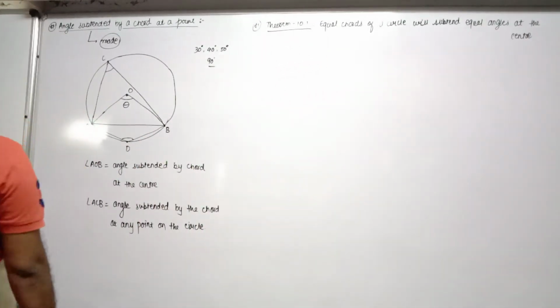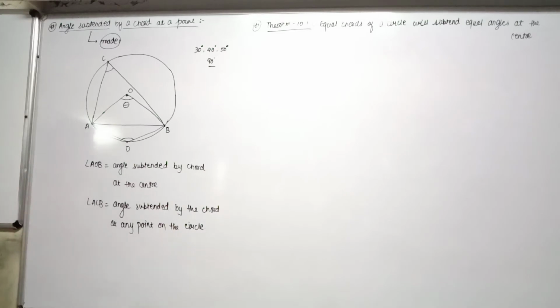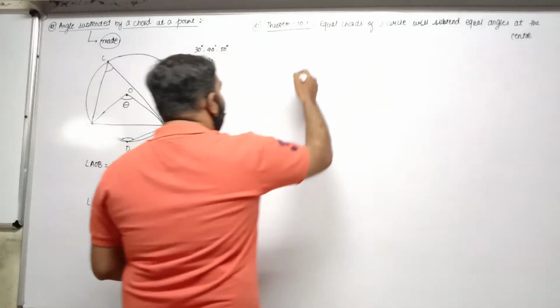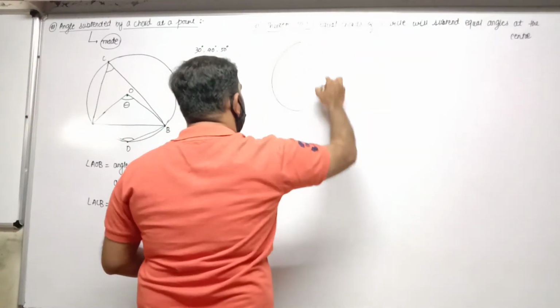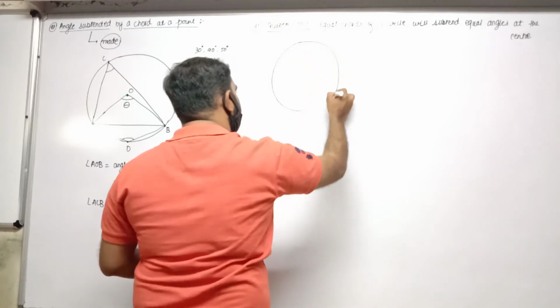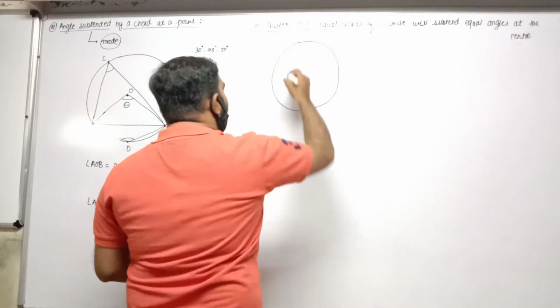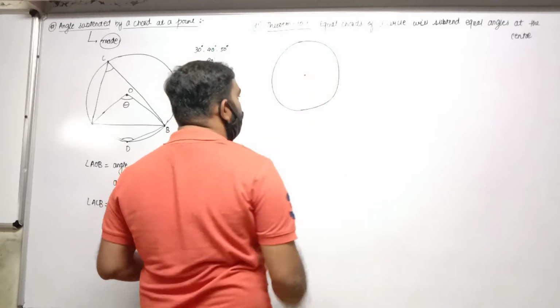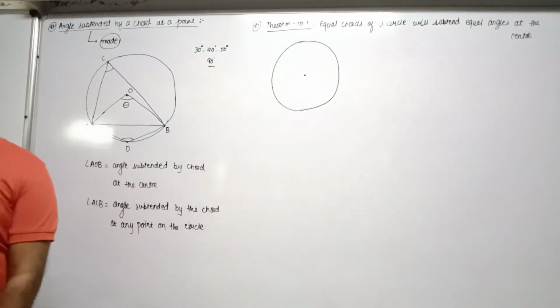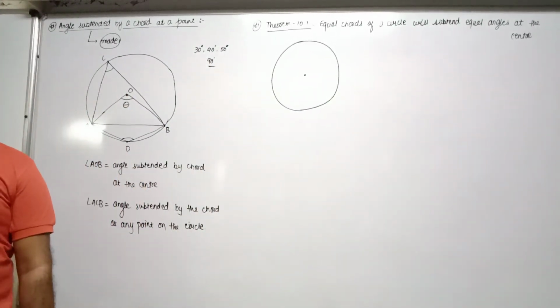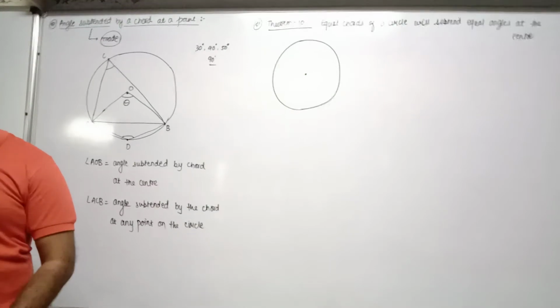Equal chords will subtend equal angles at the center. Let us say, for example, I have a circle and I am going to draw two chords such that they are equal. Equal in the sense that the lengths of those chords will be equal.